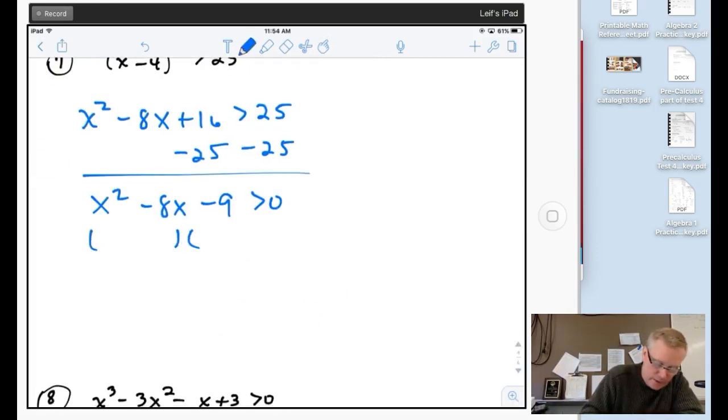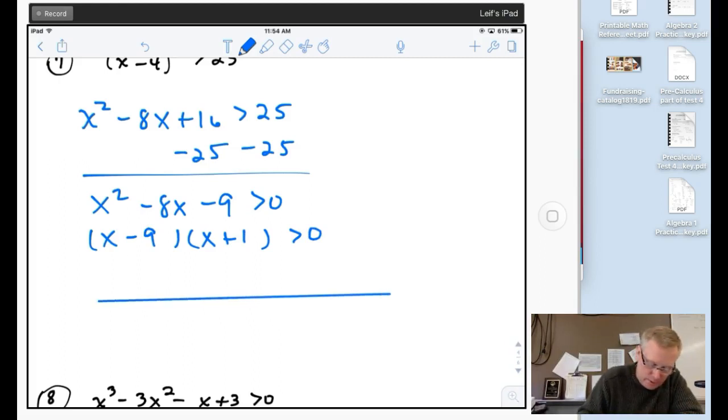If I factor this, I get x minus 9 times x plus 1. Multiplies to negative 9, adds up to negative 8. So I'm going to make my number line, and it's going to be over here at 9, and 9's on the positive side, and negative 1's over here.